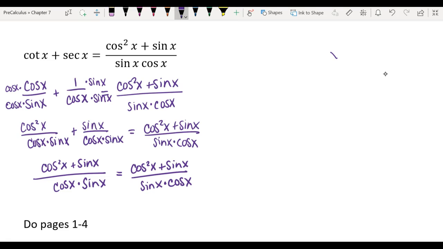Then you have cosine squared of x plus sine of x over cosine of x times sine of x. Actually, I should have had one more, because this is in the wrong order. So mine's technically not done, but it has both concepts we talked about: change it to sine and cosine versions, find common denominators.